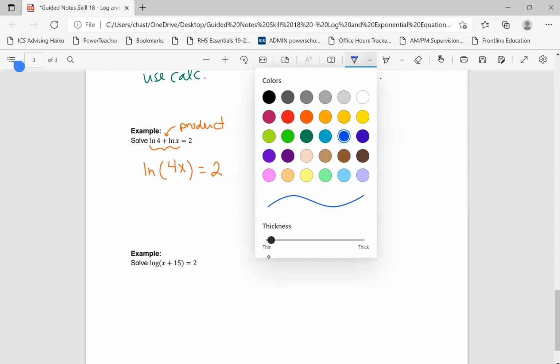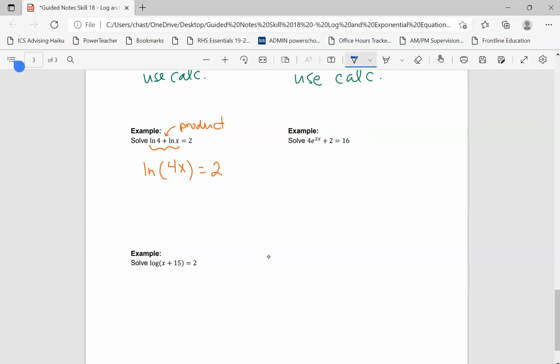To solve this, I am going to cancel out this. So remember, natural log is the same thing as saying log base e of 4x equals 2. So to cancel this out, or to rewrite this, I'm going to go e to the second equals 4x. I have to use a calculator to figure out e to the second.